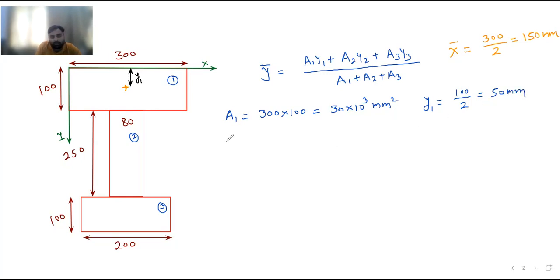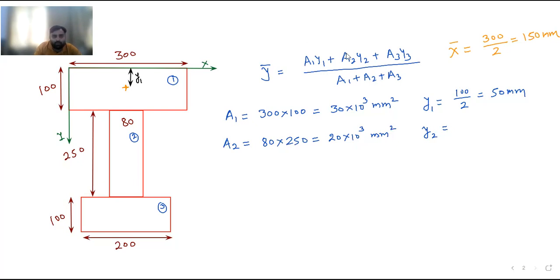This is Y1. Second is A2. A2 is the second area. So it is 80 multiplied by 250, which is 20 into 10 to the power 3 mm square. Now Y2 we need to calculate. So what is Y2?